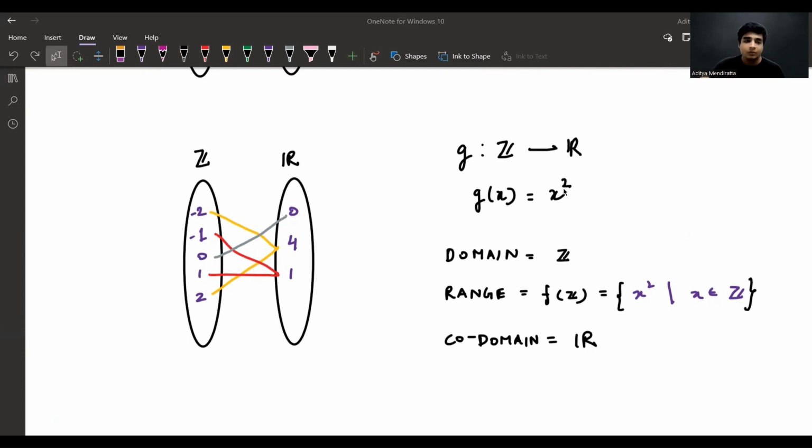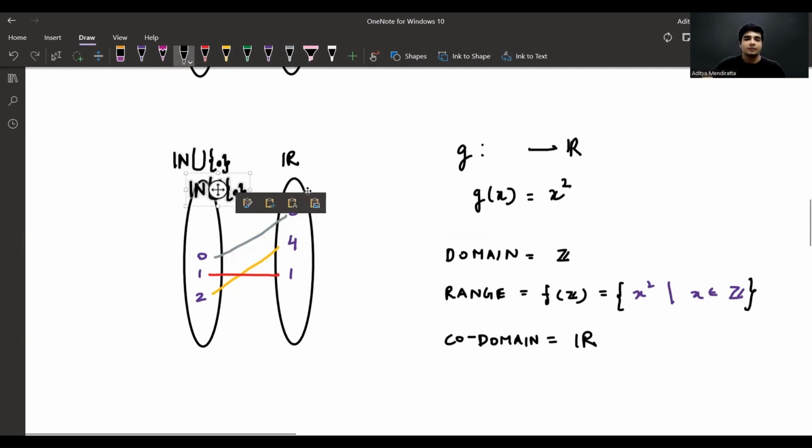I can make that possible by removing all the negative numbers. That is by changing my domain set. If I change my domain set to natural numbers union 0, then that way I will be able to make this function injective in nature.